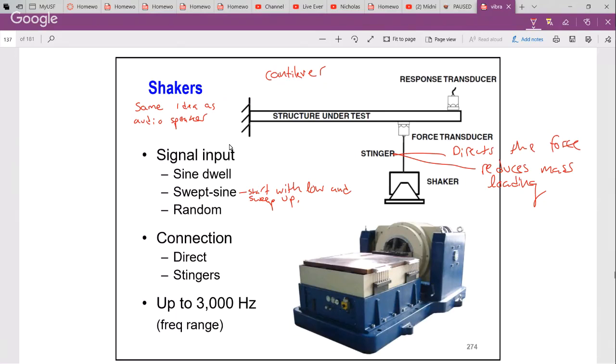Another type of input is a random signal input. And in this case, this is maybe something you've never thought about, but if you look at the frequency content of a random signal, what do you get? Very good.